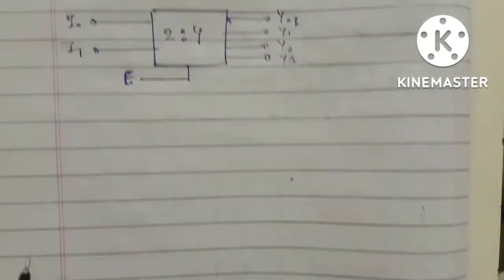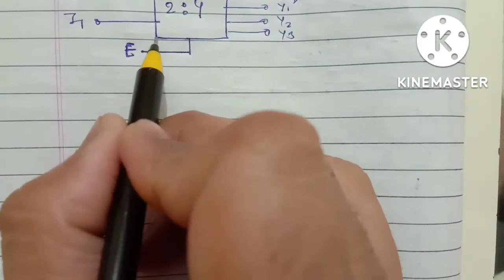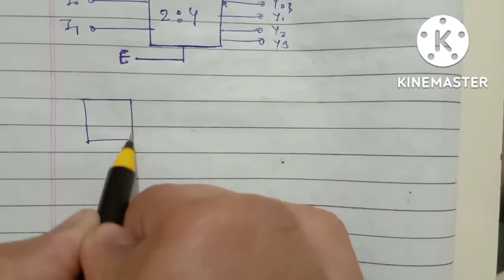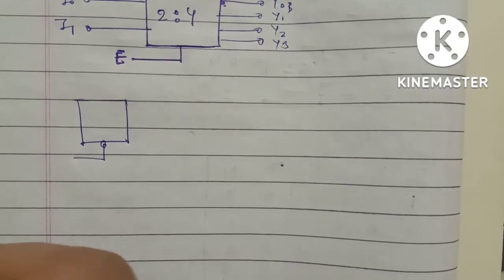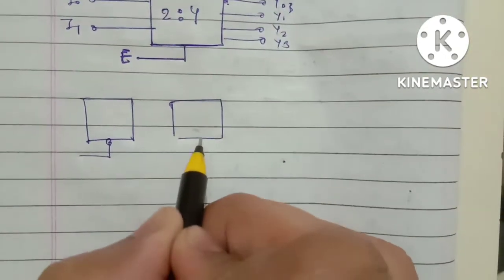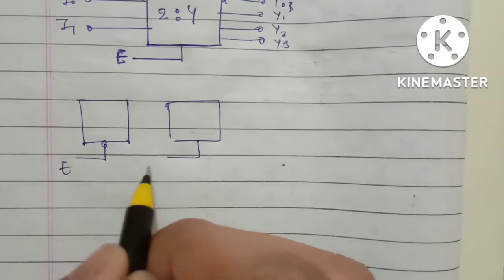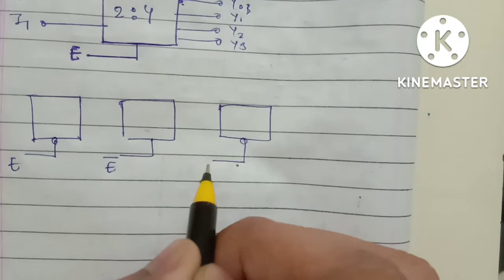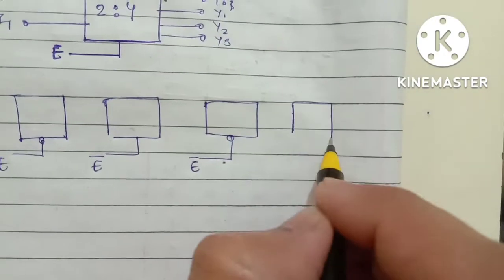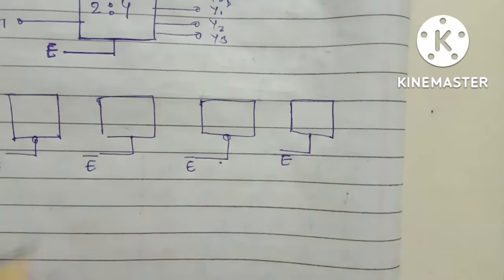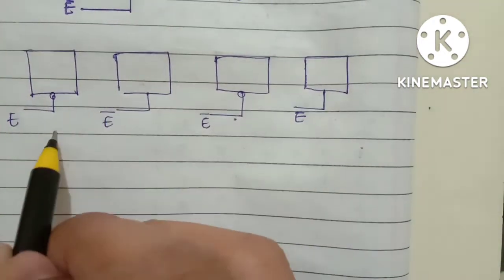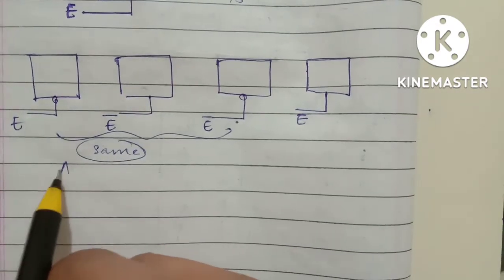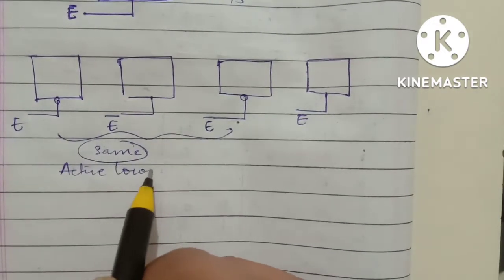Sometimes I won't draw the bubble part, but sometimes a bubble is given. Sometimes they draw a bar, sometimes bubble plus bar is given, and sometimes it is direct, with nothing given. So the first three are the same, meaning an active low input will be taken.